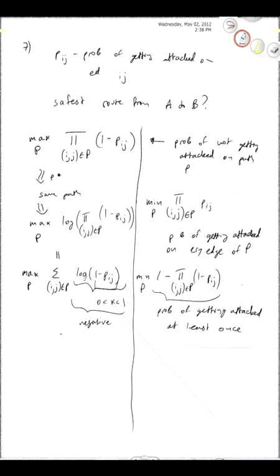So the way that we're going to solve this is we're just going to take this optimization problem and multiply it by minus 1. So here it is. We multiplied it by minus 1. And I'm going to take one of these minus 1s and move it inside the optimization operator. So the other minus 1 stays out here. And then I have a minimum over all paths, the sum over all ij in p, of minus log of 1 minus pij.